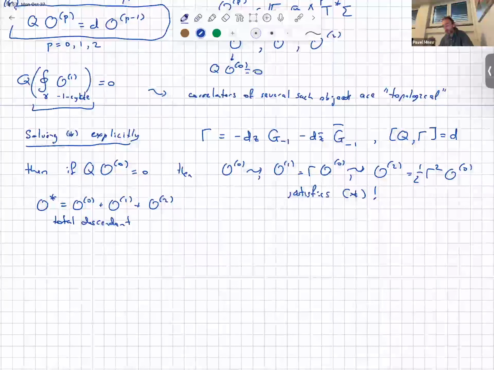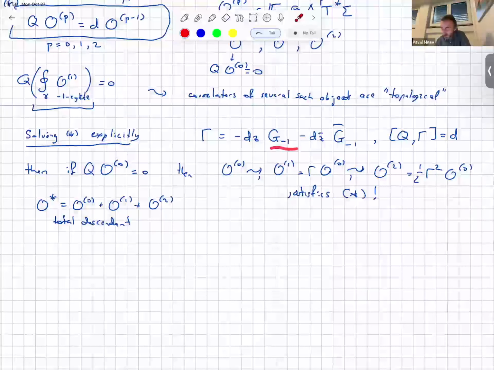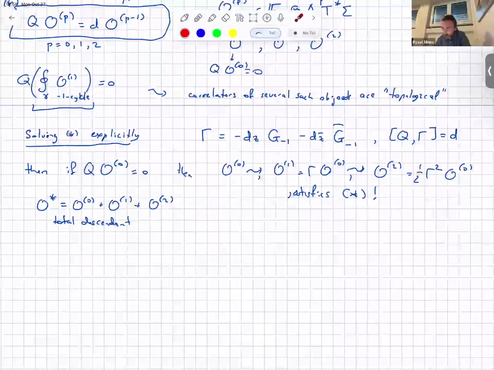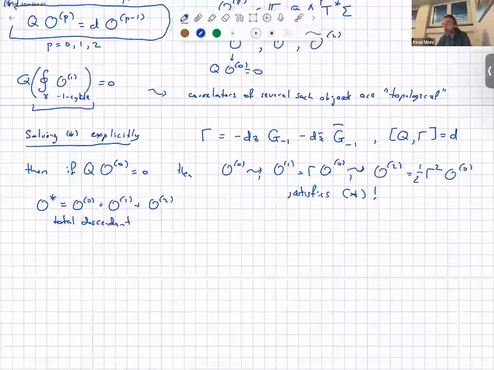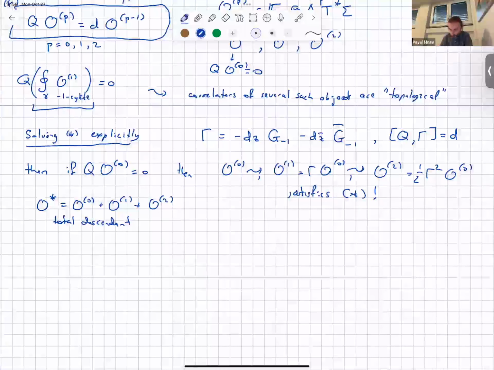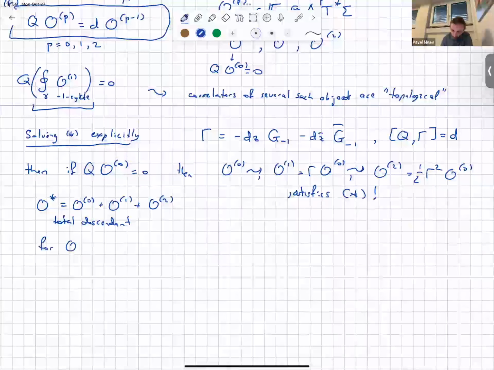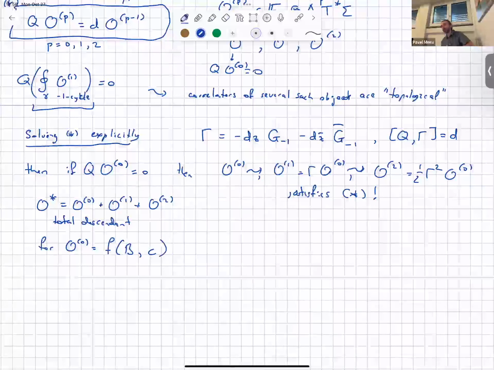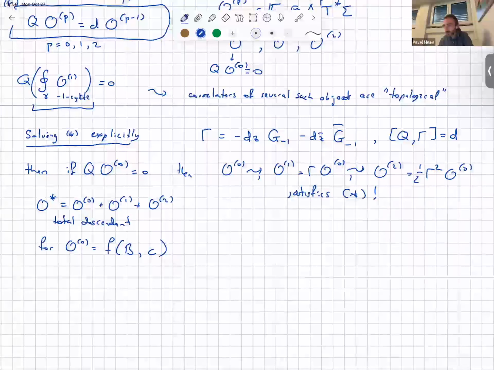And then one can calculate in our theory how it acts. It's actually always a solution in a TCFT, but we have an explicit formula for G, so we can calculate how it acts, and it leads to a formula. So I take O0 to be a generic zero observable, and for us this was a polynomial of the fields capital B and little c.